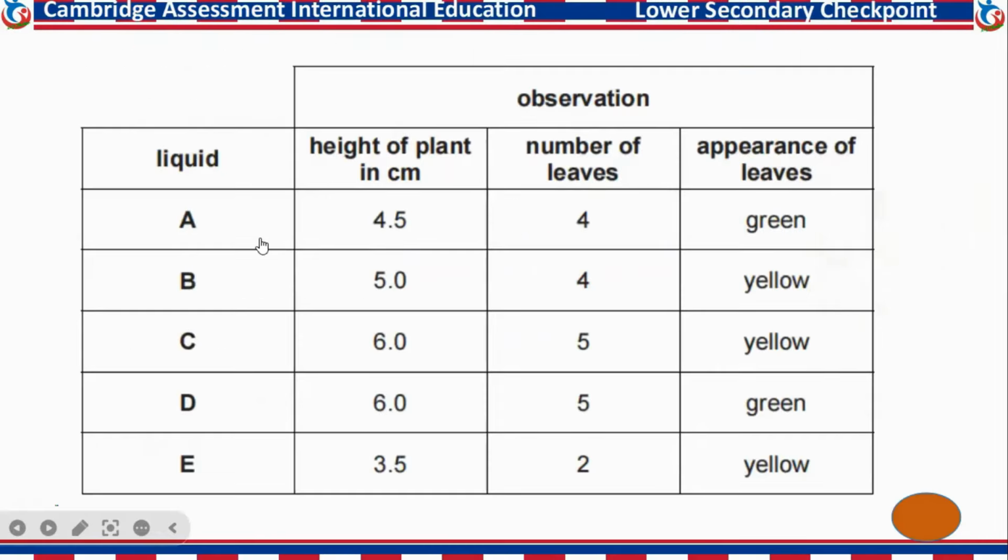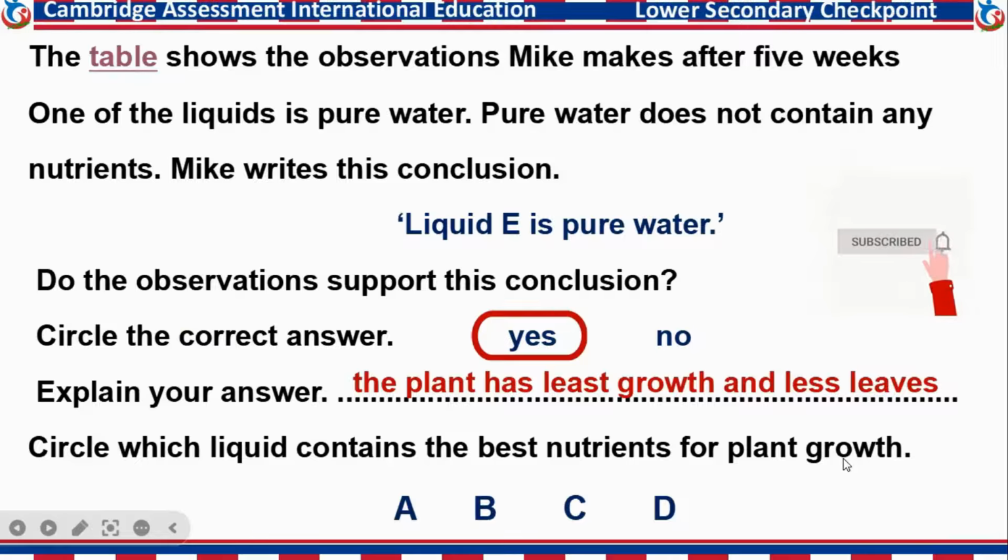See the growth: A is having 4.5, B is 5.0, C is 6.0, D is 6.0, and E 3.5, which is the least amount of growth observed in the plants. And for the number of leaves too, it has the least number, 2. And we started with 4. So 2 have withered off. So definitely liquid E, according to Mike, is pure water.